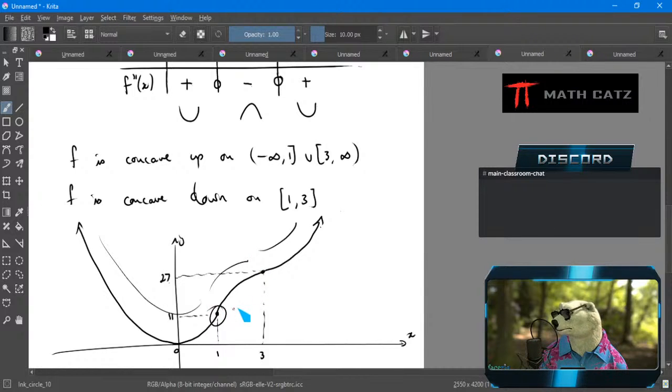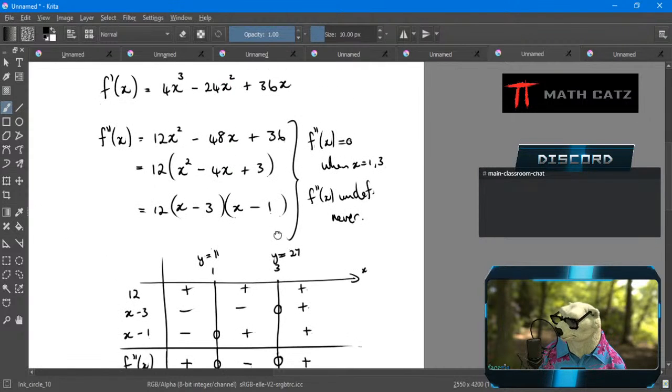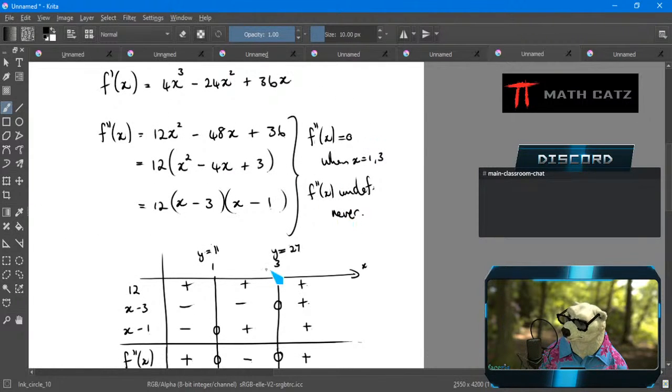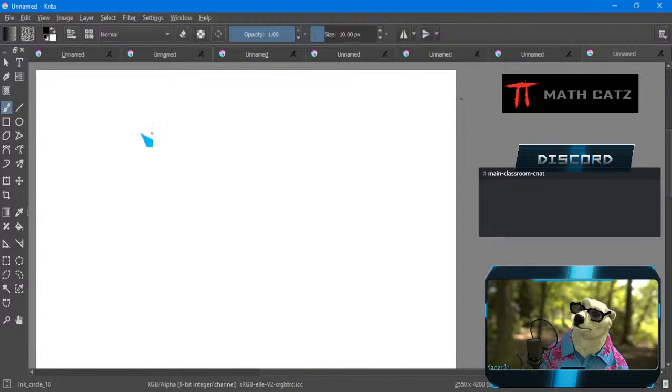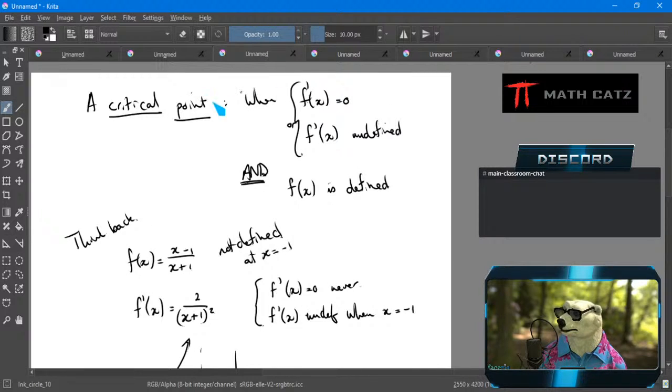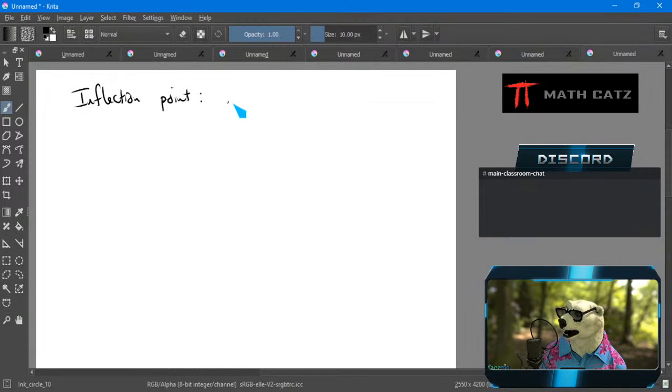So I have these important points that came from the check, and the fact that there are points. We're going to call them inflection points. So it's very similar to, was it this page? Yes, to critical points. Except it's going to come out when the second derivative is 0 or the second derivative is undefined.